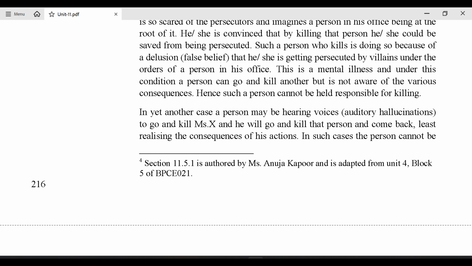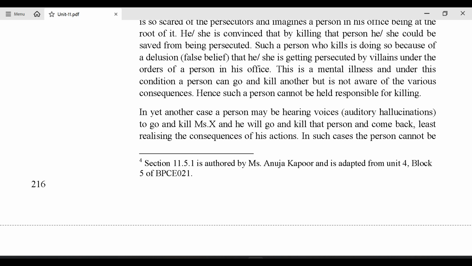He/she is convinced that by killing that person he/she could be saved from being persecuted. Such a person who kills is doing so because of a delusion, a false belief, that he/she is getting persecuted by villains under the orders of a person in his office. This is a mental illness, and under this condition a person can go and kill another but is not aware of the various consequences. Hence such a person cannot be held responsible for killing.